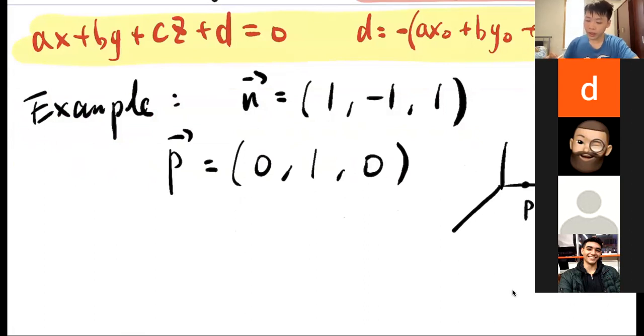The normal vector is (1, -1, 1). It was frozen for a second, but I think it's back. It's not frozen, right? Okay. It is (1, -1, 1), so it points to somewhere here.